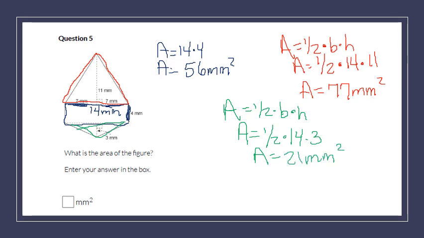So for the entire area of the figure, I'm going to add up 56 plus 77 plus 21, and I do get that the entire area of the figure is 154 millimeters squared.